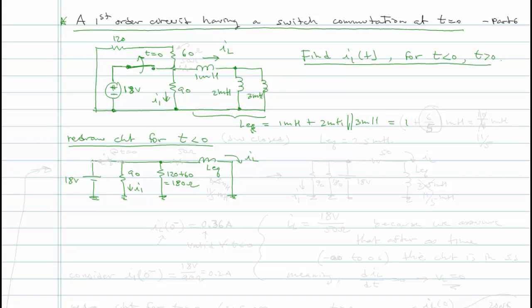This will be equal to 1 plus 6 over 5 millihenry, which is 10 fourths of a millihenry, or in other words, LEQ is equal to 2.5 millihenry. So that is a somewhat simplified circuit.